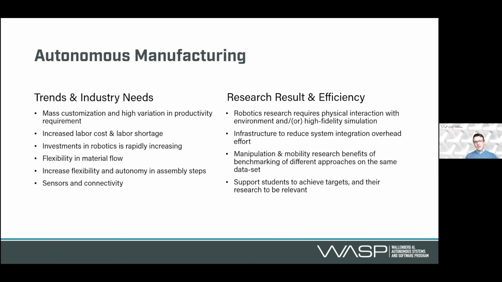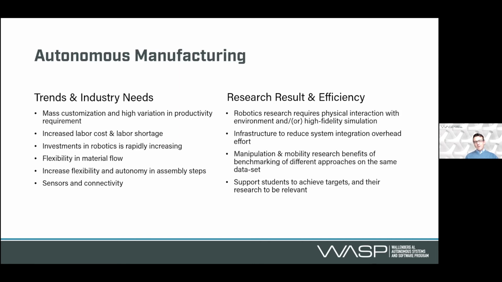So we think to accelerate the research within WASP and outside, this robotics research is a physical game, and it needs physical interaction with the environment. And if not in real, it needs high fidelity simulations. Infrastructure to reduce system integration overhead effort.